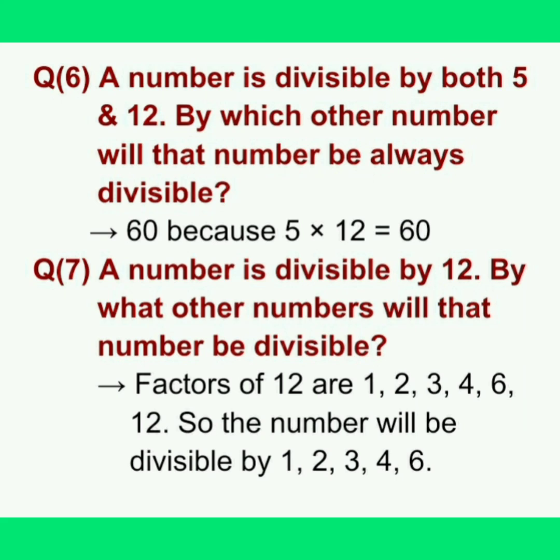A number is divisible by 12. By what other numbers will that number be divisible? As we know, factors of 12 are 1, 2, 3, 4, 6 and 12. So the other numbers that will divide it are 1, 2, 3, 4, 6.